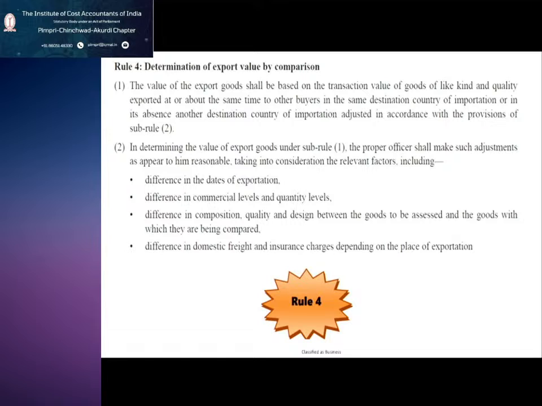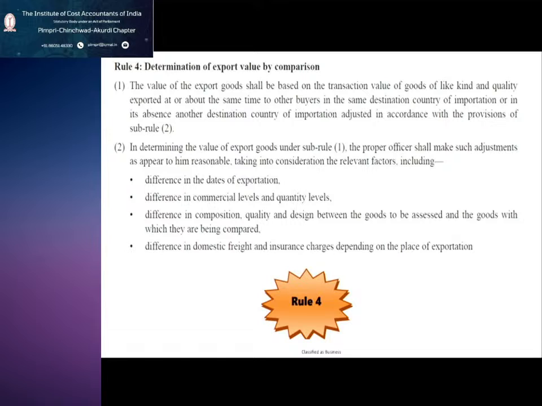So as I said earlier, we should see how much has been sold in this country, or how the same price is considered if I am selling it to country Y. So how it is calculated, and it should be compared. This has been covered as per Rule 4.